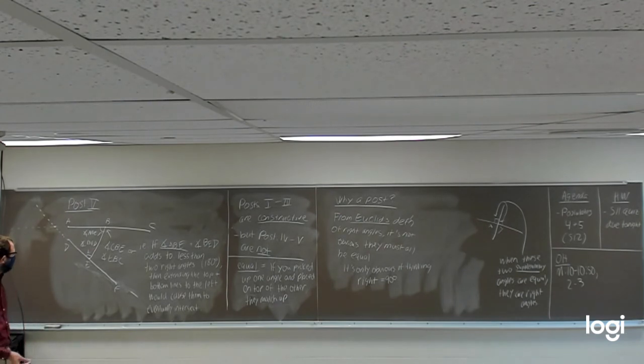I'll be honest, when I first read this postulate, I didn't have a picture to look off of. I had no idea what this postulate was trying to say. I had to look up a diagram and say, okay, that makes sense. These two angles add up to less than 180 degrees, which means if we keep extending these to the left, they'll have to intersect.